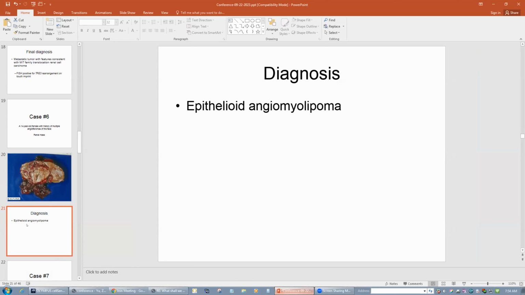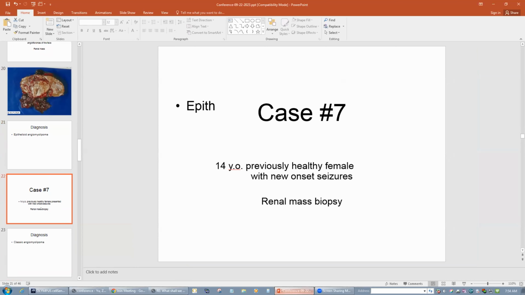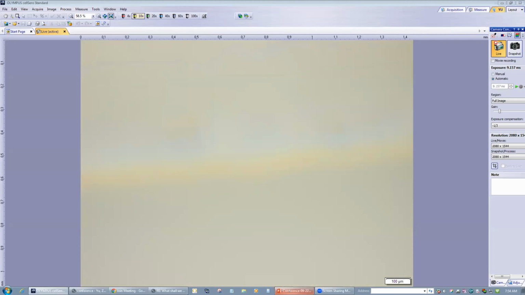Vessel, myo, and lipoma. The next one is a recent case, a 14-year-old, previously healthy female presenting with new-onset seizure. So seizure gives you some hint. She had a renal mass biopsy. They did a core biopsy just to confirm. The majority of the time, radiology is very helpful.